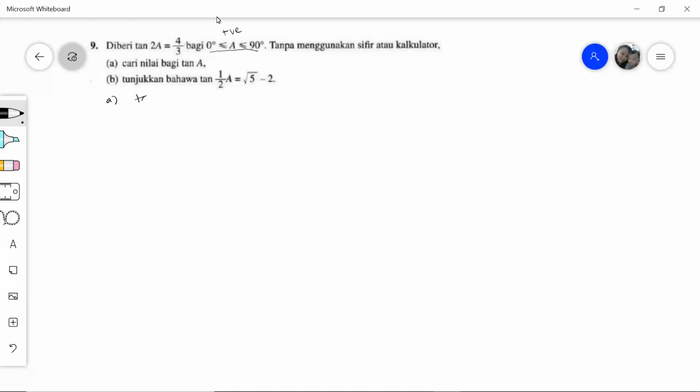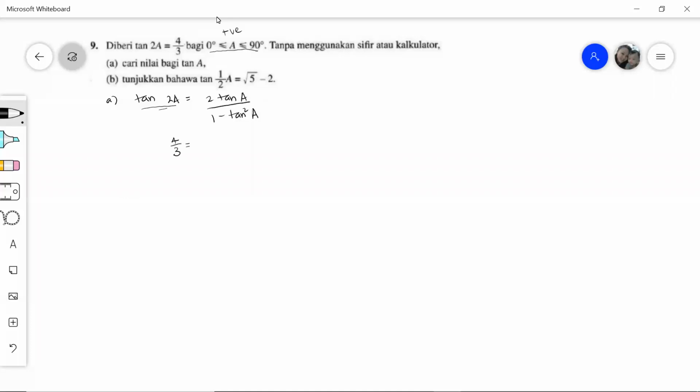Okay, so tangent 2A is equivalent to 2 tangent A over 1 minus tangent squared A. Since we have tangent 2A, let's just put 4 over 3 in.